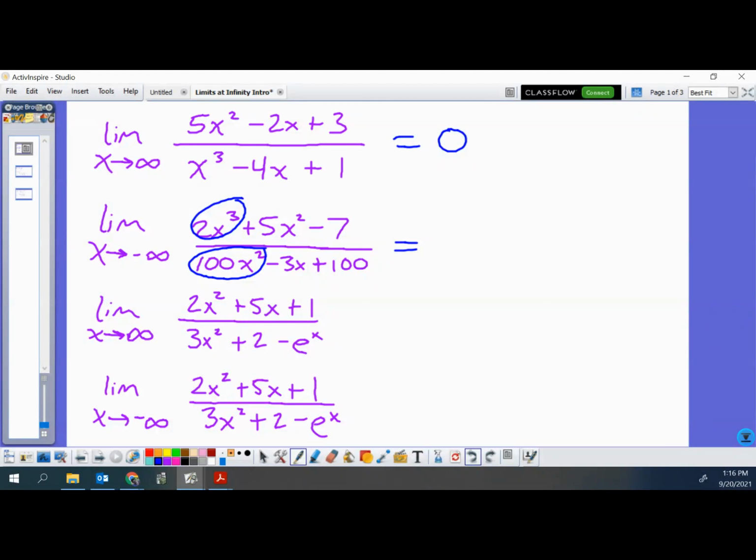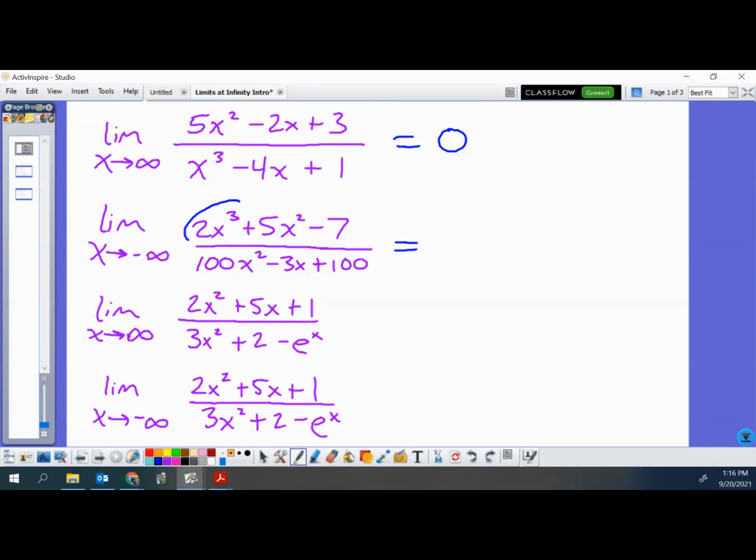And so, because the denominator is not growing as fast, now the numerator is growing faster, this whole thing is going to grow either toward infinity or toward negative infinity as x goes off to the left. And so you have to just kind of decide which one at this point. Now, in terms of limits, if the limit is infinity or negative infinity, it's also true that the limit does not exist. But since this is in only one direction, we can actually say which one it is.